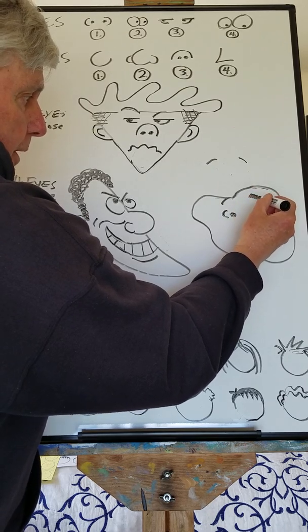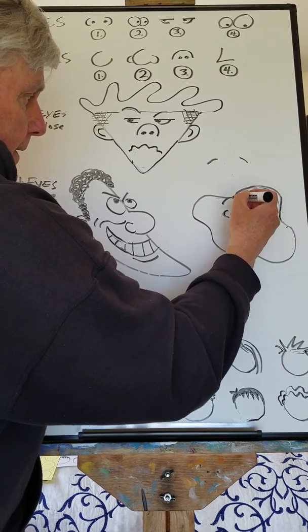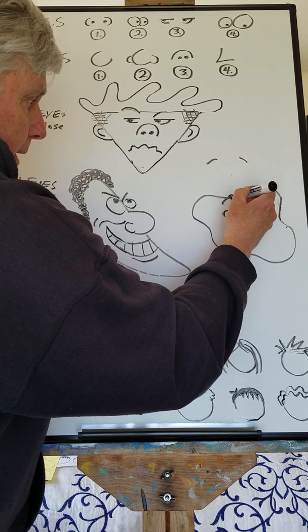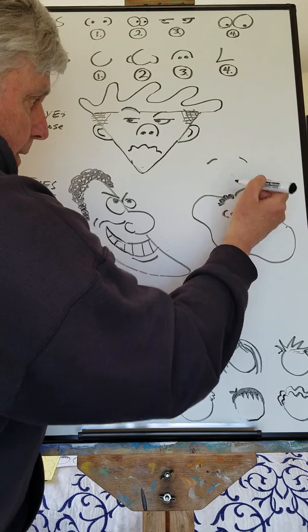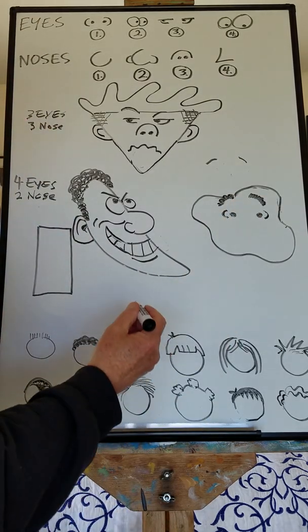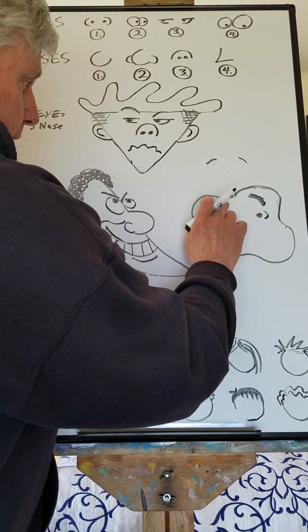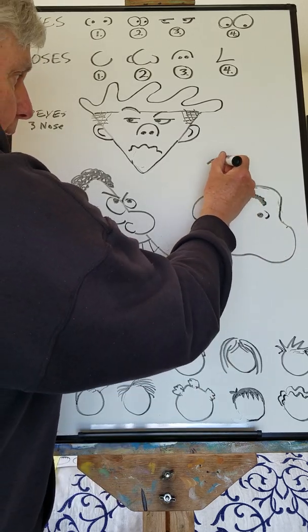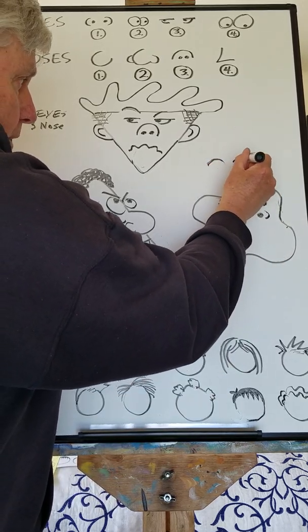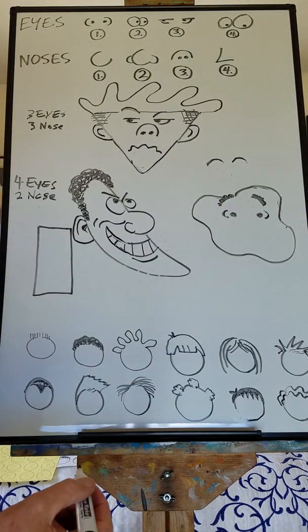If you want to make them thicker, let's give him some furry eyebrows. Just make it thicker. Okay? Still does the same thing, still the same feeling, because you're stopping before you come down with it like that, making the curve.